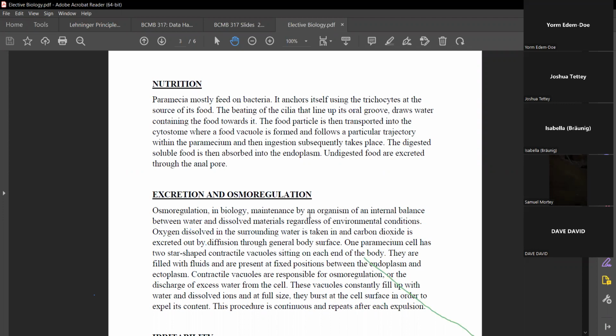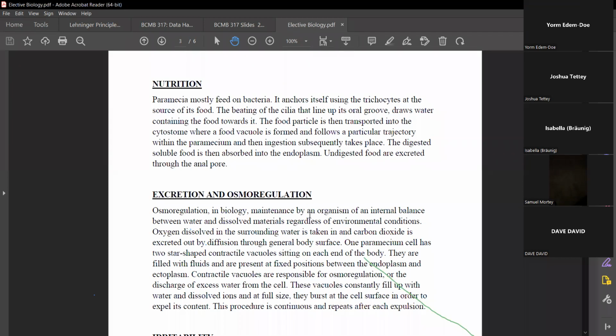And then because it is single-celled, though it has a protective membrane, which we are calling the pellicle, that membrane is protective enough, but because it's single-celled, we assume it's quite thin. So for excretion, it needs no serious or complex mechanisms like in multicellular organisms like humans.